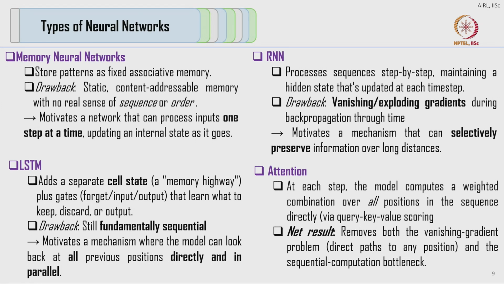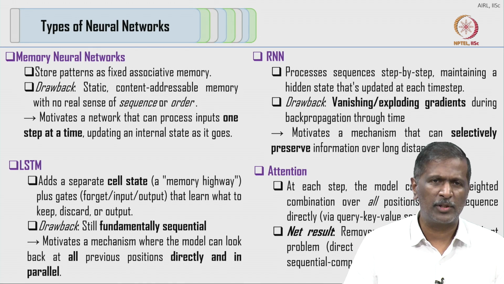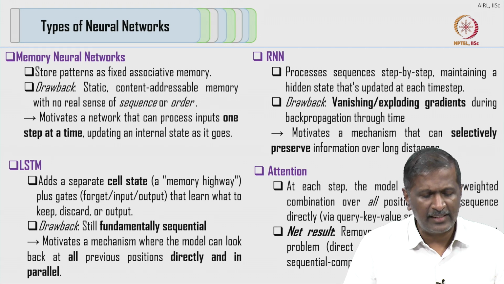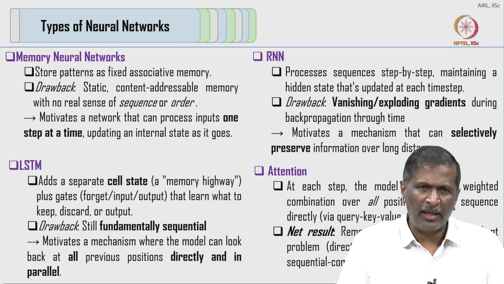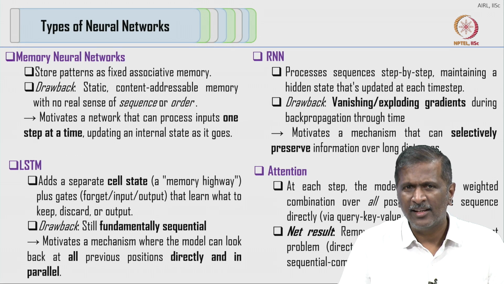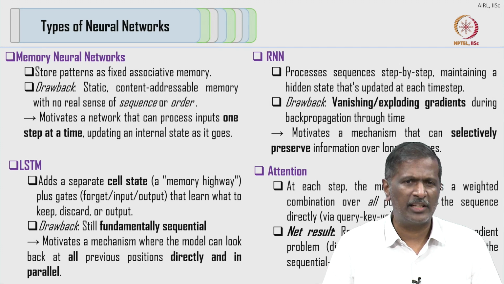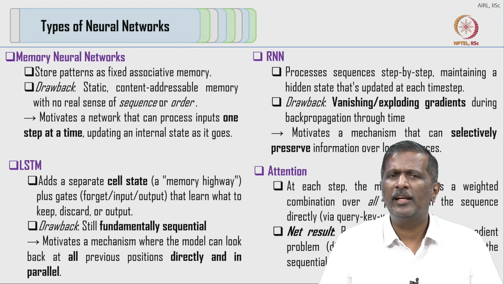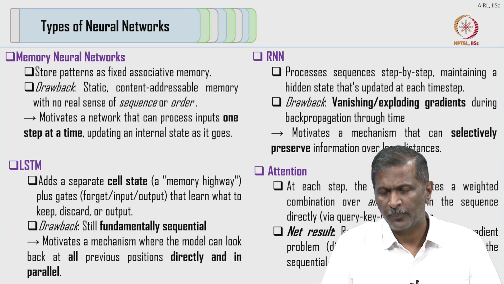On the other hand, there is LSTM, which we will also cover in subsequent lectures, where the cell state plus gates learn to keep the hidden information and predict the output. Again, it is fundamentally sequential, suitable for sequential approximations, and how we encode the state and make them parallel will be very interesting to look at.